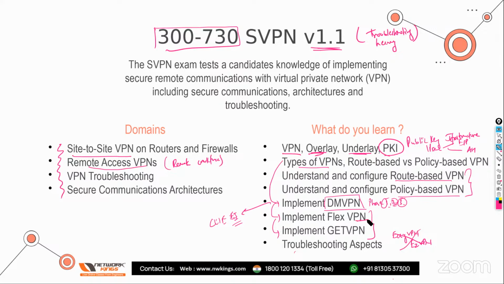And then obviously you have FlexVPN. If you are in a service provider environment, you would typically see GETVPN being utilized. This is mostly a Cisco-centric VPN. Most of them are. For example, DMVPN is Cisco proprietary. Similarly, Flex, GET.